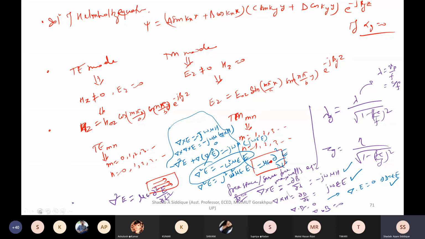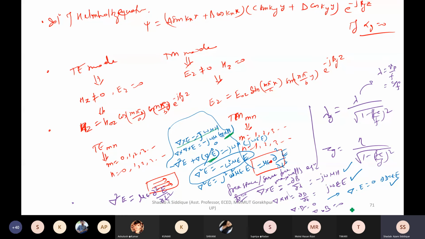So now the question was, while solving this wave equation, which of the following is used? Curl E is already used here, curl E is equal to minus j omega mu H. Curl H is used here, and divergence of E is used.